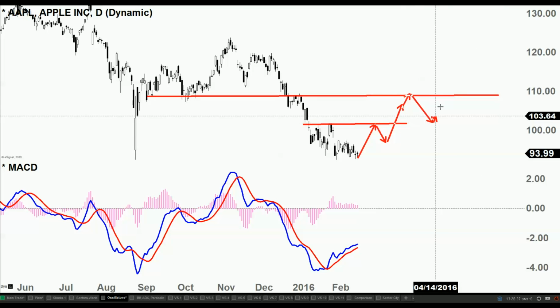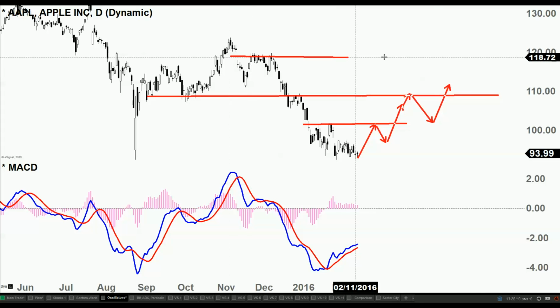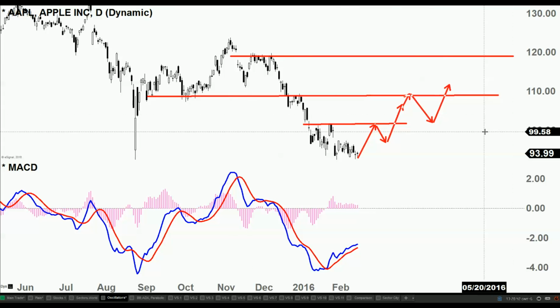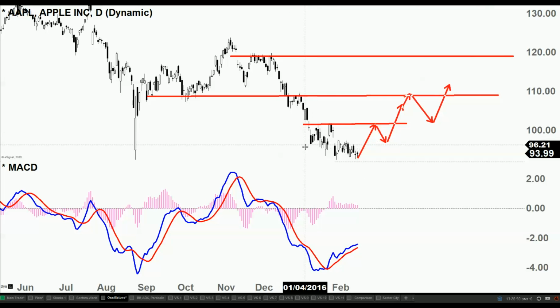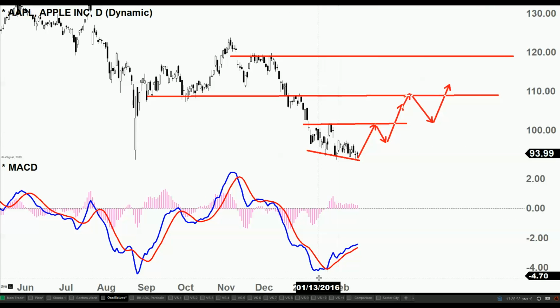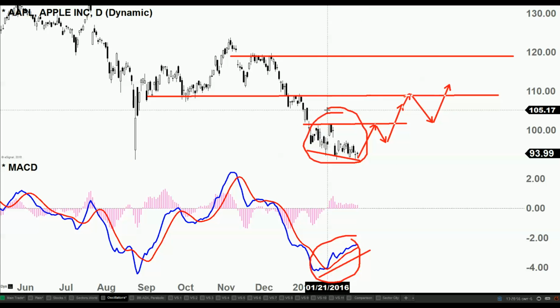And if we continue to cultivate, there's a good chance we can even get up to 120 in the next 2 to 3 months. But before I conclude that, we need to see the price action substantiating and confirming this potential bullish divergence that we're seeing in the market today.